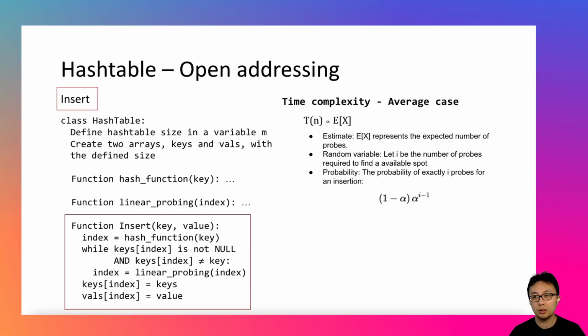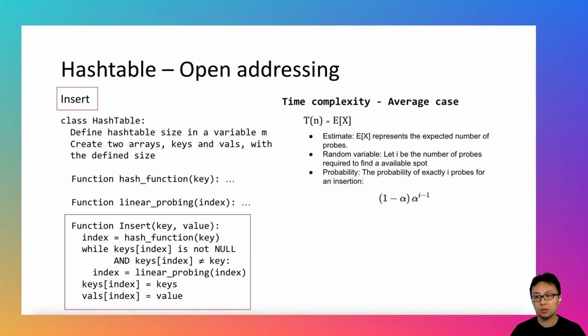So the probability of finding an available spot after I probes is simply 1 minus alpha, then multiplied by alpha powered to I minus 1. This part represents the final successful probing, while the remainder represents the I minus 1 times of unsuccessful probings.